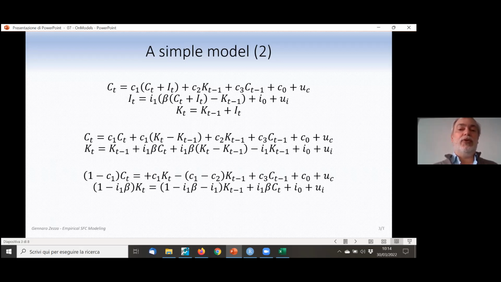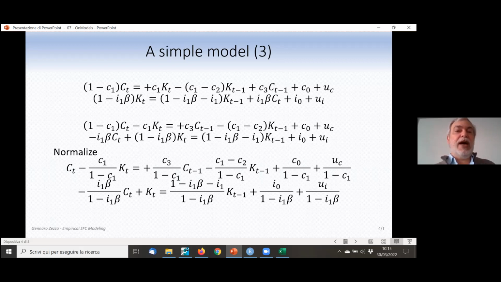So consumption depends on the stock of capital. I have got rid of investment as a variable, and I substitute the change in the stock of capital to investment, so that the equations can be rearranged in this way.